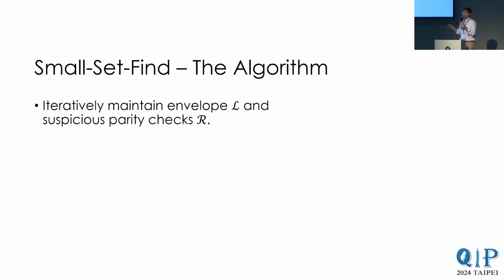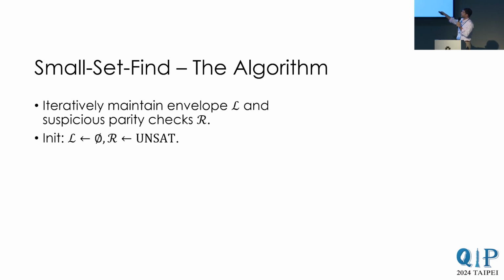Okay, so now to tell you exactly how this algorithm works. By the way, the name for this algorithm comes from a subroutine in Wiedemann's algorithm, which is called find. And I'm now going to tell you why it has this prefix small set. So how does this algorithm work?